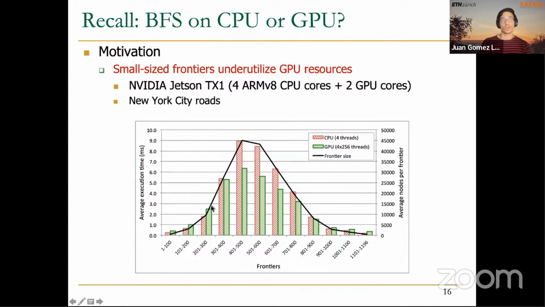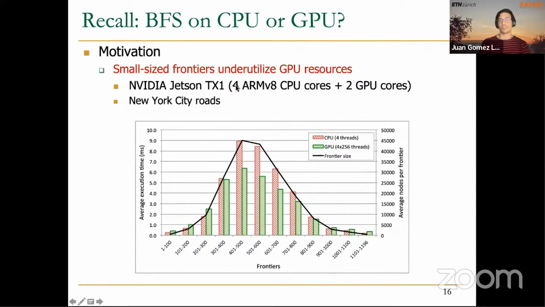And here you might remember this plot where we saw the frontier size, which is the number of nodes that we process in each iteration, and how it changes over the course of the execution of the BFS algorithm on either a CPU or a GPU.